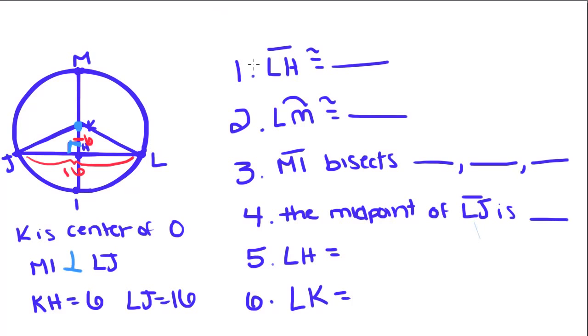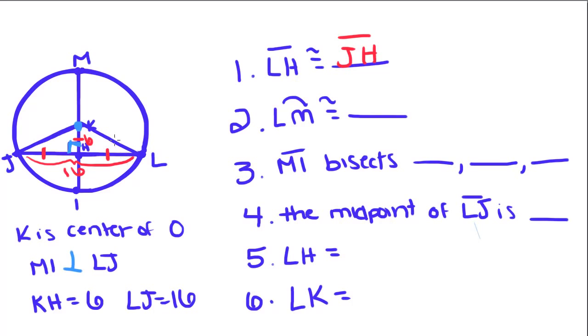So first, we want to know what LH is congruent to. So LH is this piece right here. It's congruent to JH right here. Because when MI intersects JL, it not only forms a right angle, it cuts JL into two equal pieces.